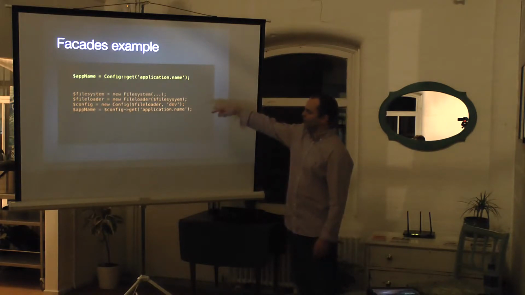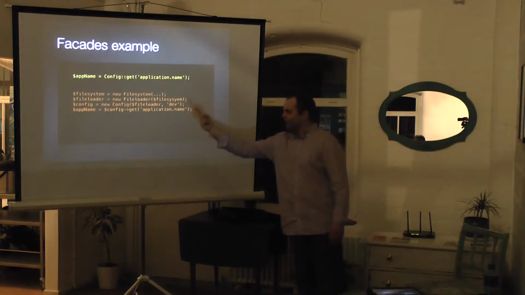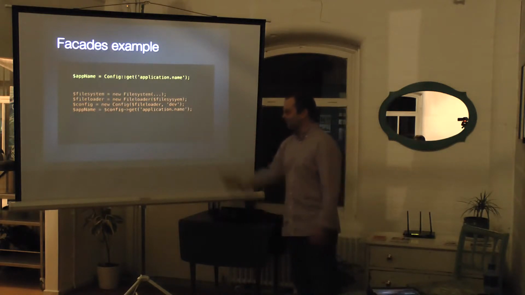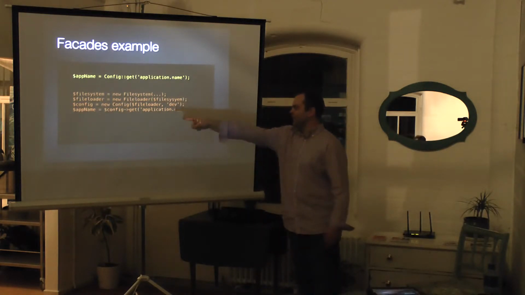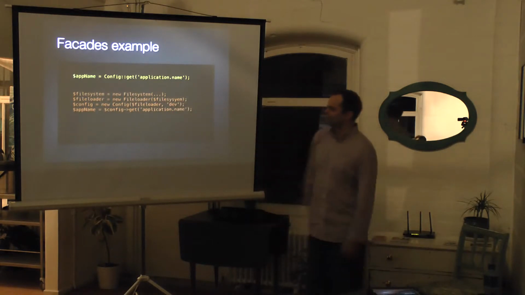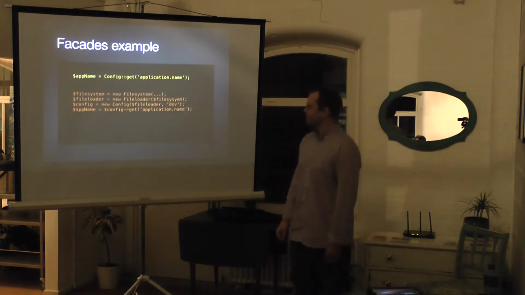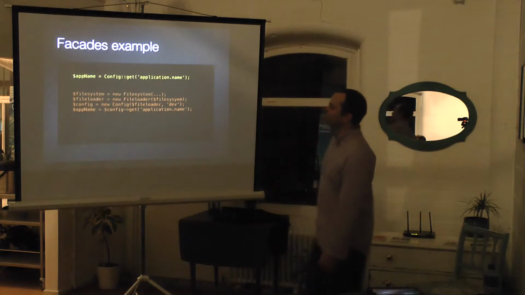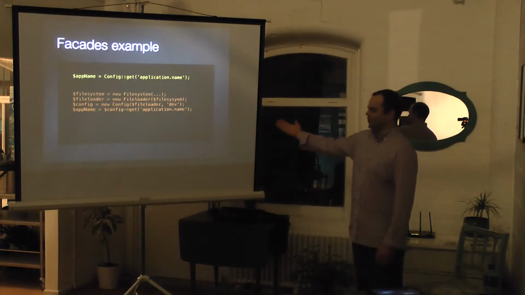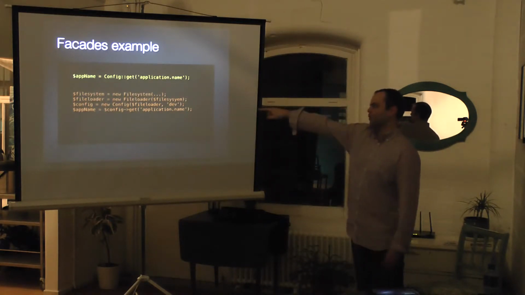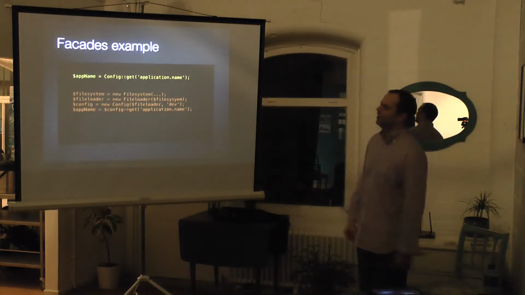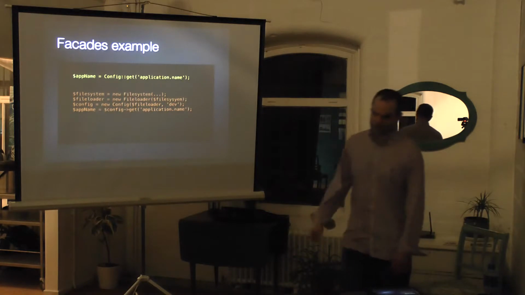It's creating a couple of objects, initializing them, passing them into an actual concrete config object or class, and then calling get on that object. So that's the result of that single call. And you can see that's the reason behind these facades. You don't want to be doing 4 lines every time you need a bit of config for an application. 1 line's enough, these facades.